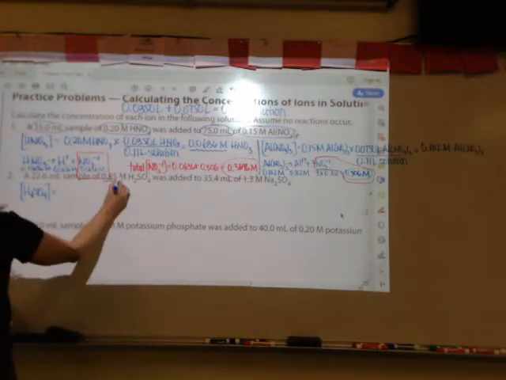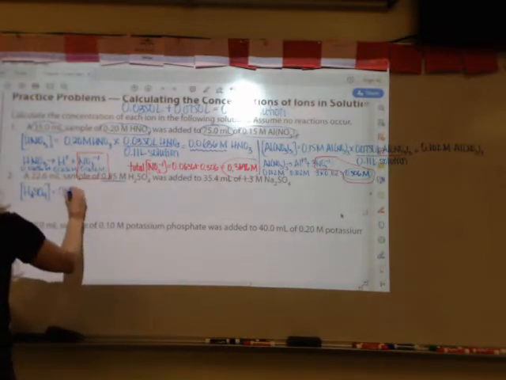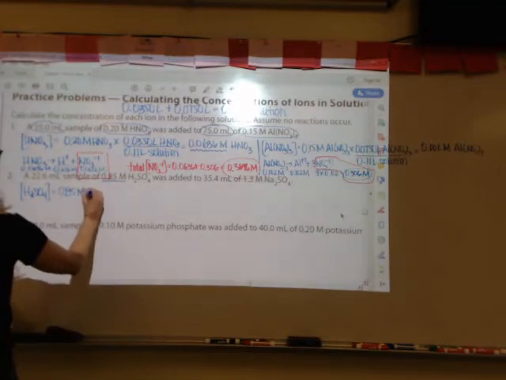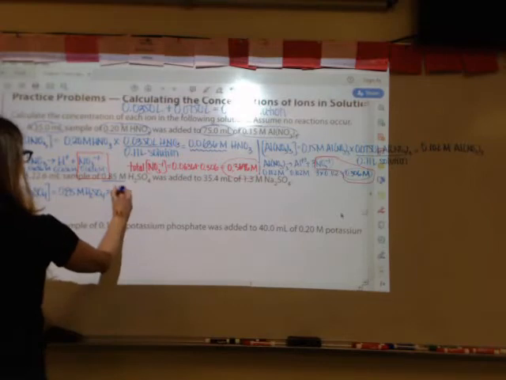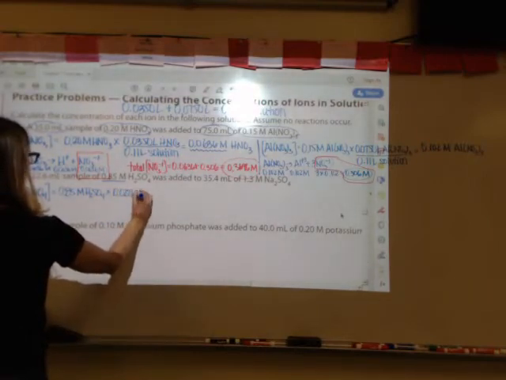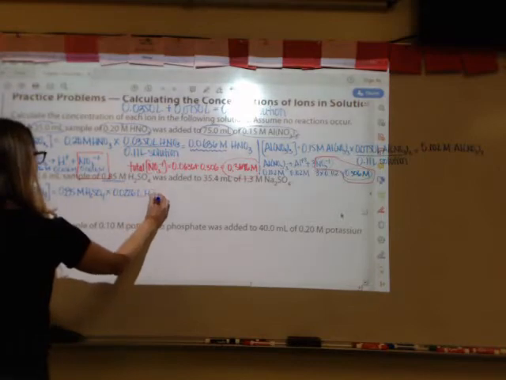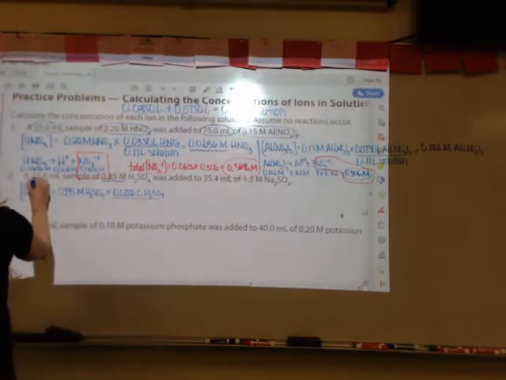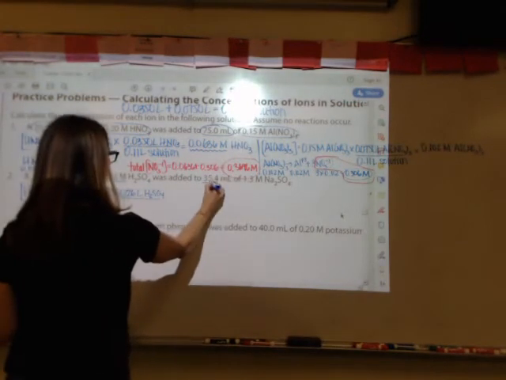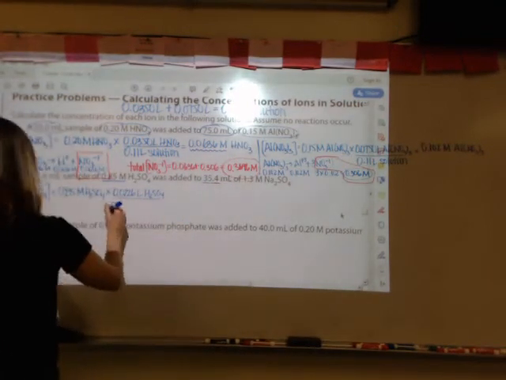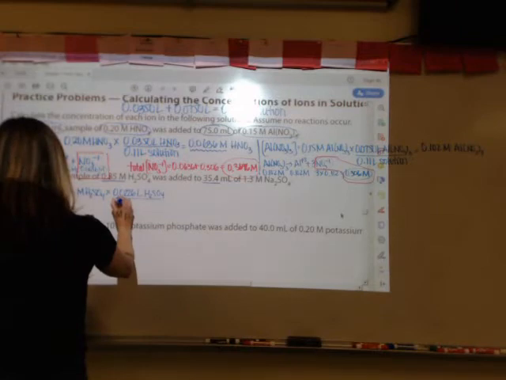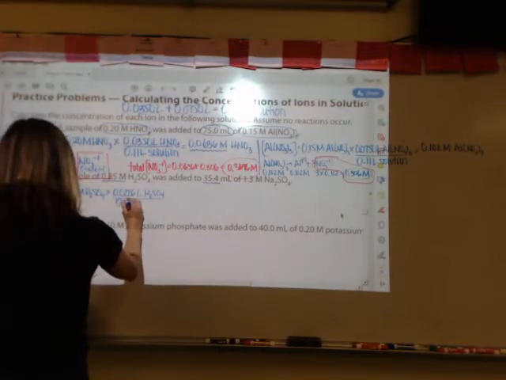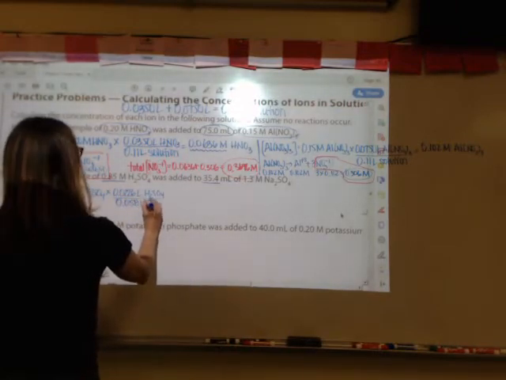The concentration of H2SO4 is 0.85 molarity. Its volume is 22.6 milliliters, so I'm going to convert that to 0.0226 liters. And then the total volume is 22.6 plus 35.4, which is going to give you 58 milliliters. So I'm going to convert that, which is 0.058 liters.